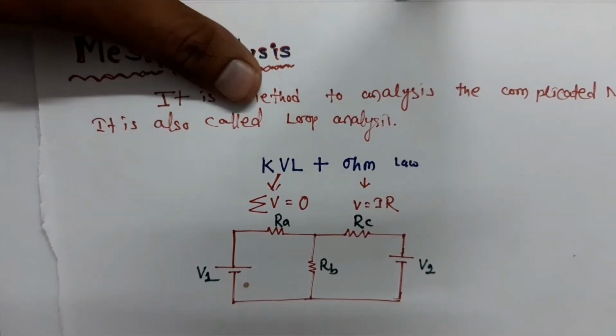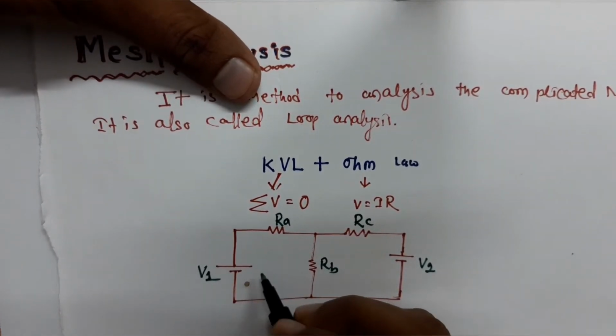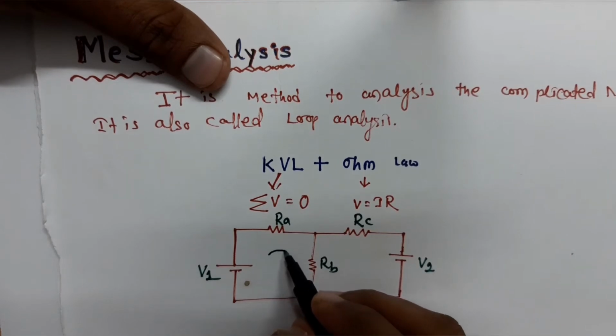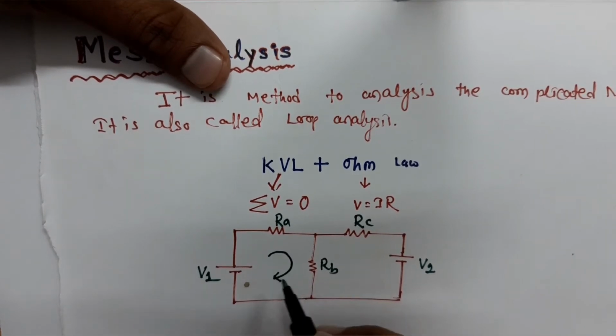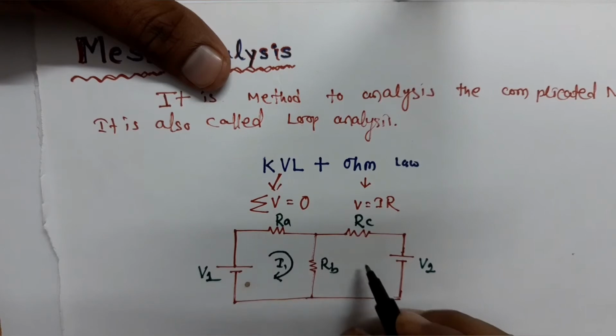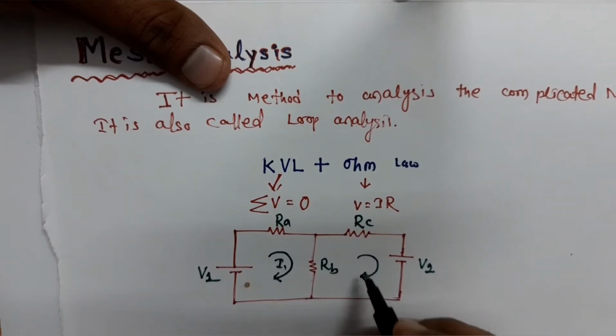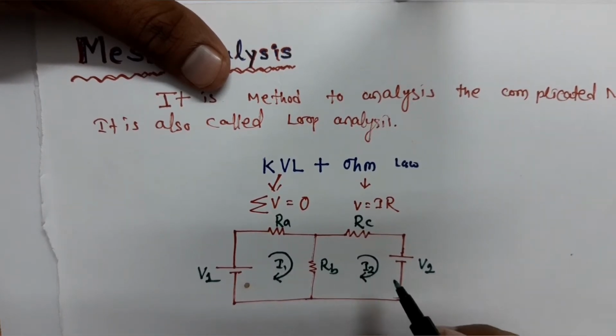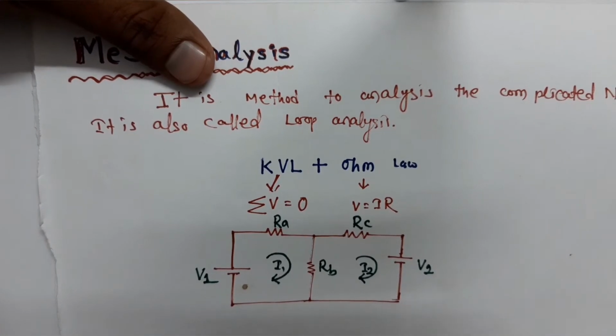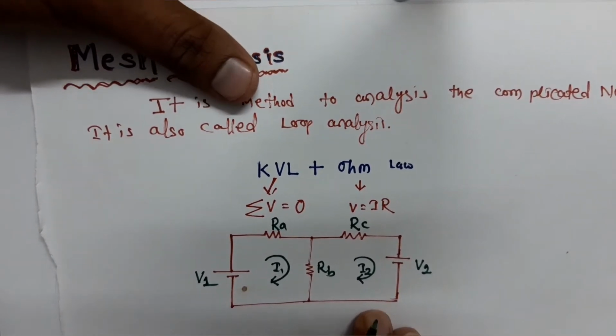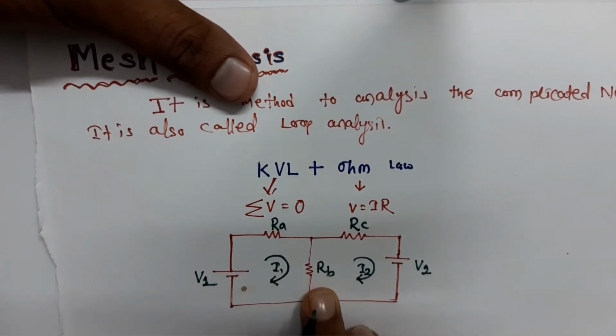Let's assume a current is flowing clockwise. This is I1, and this current is flowing clockwise, I2. Let's assume we do not know which way the current flows. Let's assume the current is moving clockwise.